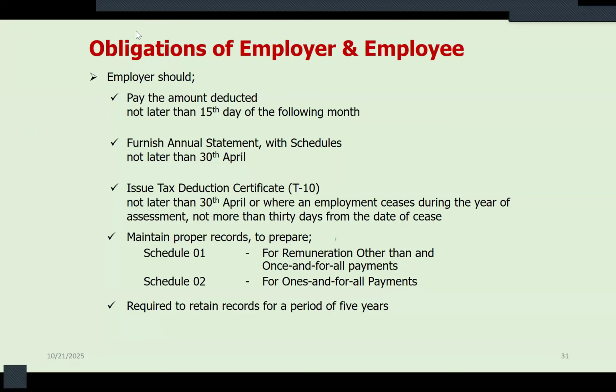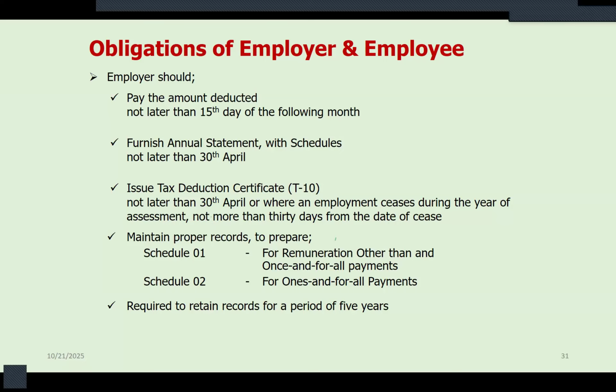So after deducting APIT, the employer should give the T10 form. It should be given before April 30th, or if an employment ceases, at that time the employee can request it.